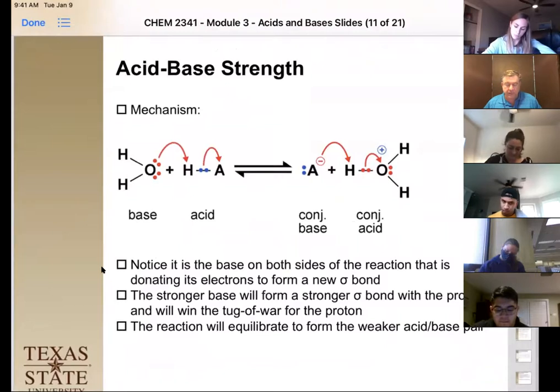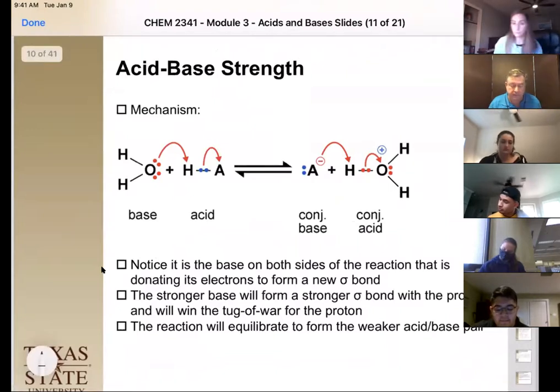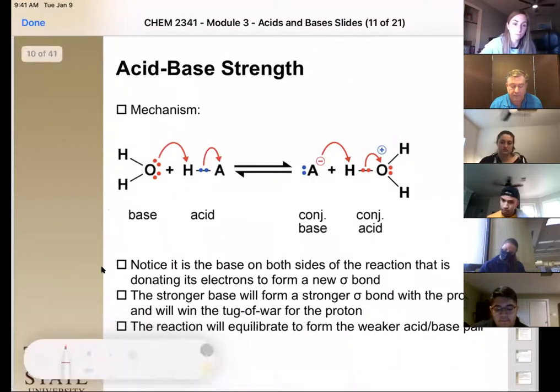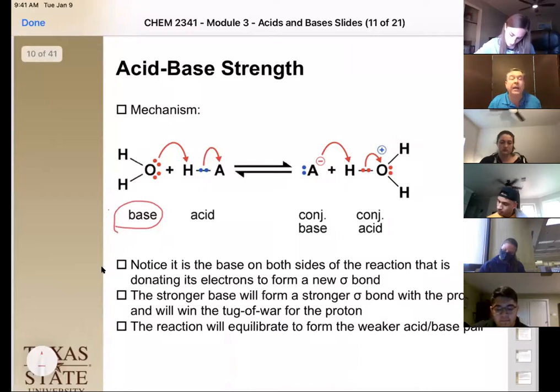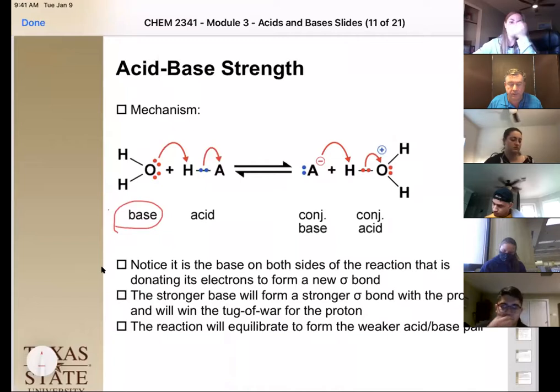So let's talk about the mechanism here. I said before, if we look at it from a Lewis acid perspective, we can follow the mechanism very clearly. Our Lewis base has electrons to donate to make a sigma bond. Our Lewis acid has an electron-deficient element that can accept those electrons.